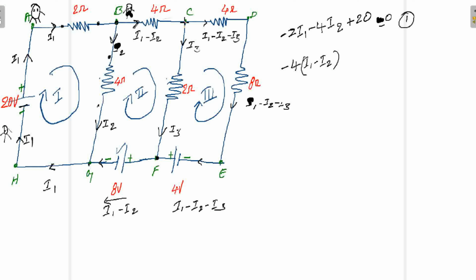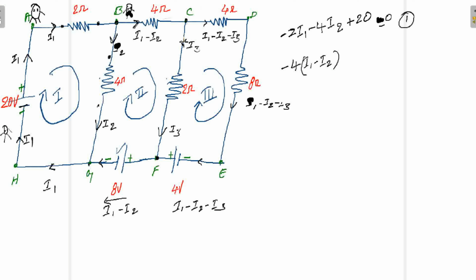Now you reach this point. We are applying KVL in this section, so we are moving from B to C, C to F, F to G, and G to B. Now you came to this point. You are traveling in this direction and the current direction is also the same.